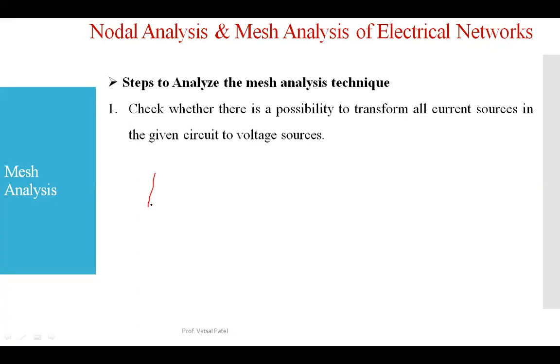Suppose you have a circuit in which this type of diagram is given. Can you tell me whether the current source which I represented here is an independent or dependent current source?